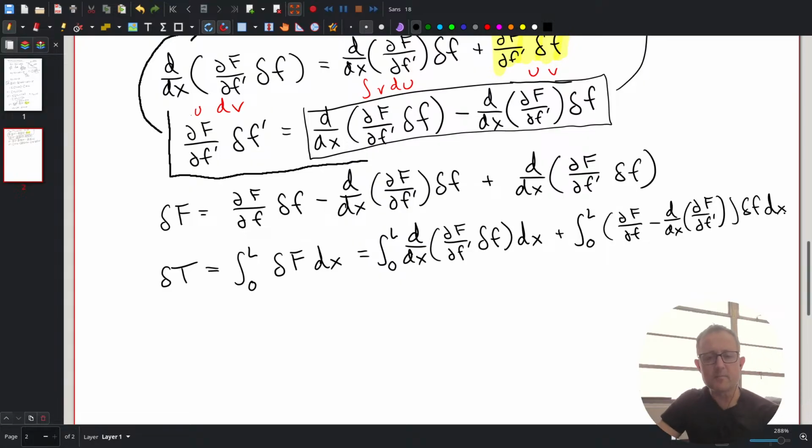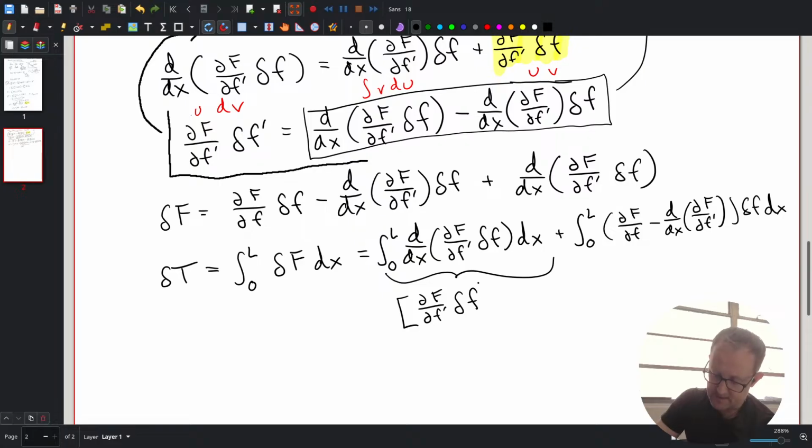I'm splitting it up into two integrals because the integral of a derivative is an exact integral. So really, df df prime times that delta f is only evaluated at 0 and L. I need a derivative, that df prime, but I only need to evaluate it at 0 and L.